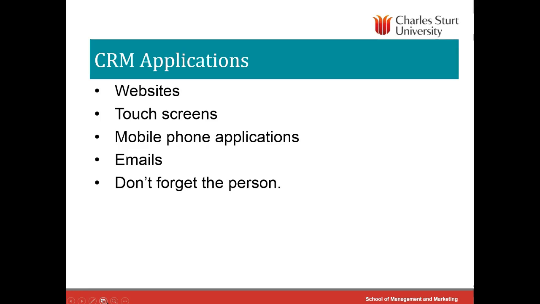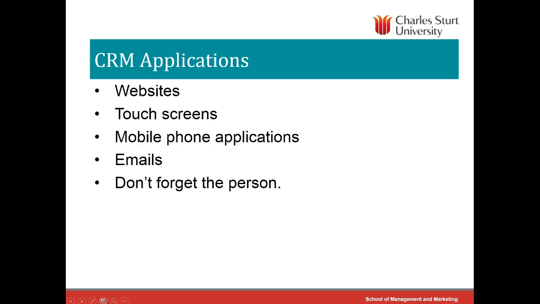I've got a whole stack of them here. ABC Radio, cinema applications, all these can be used to help build up a customer relationship database. Emails, believe it or not, if they're well targeted, are also quite useful because you can be delivering information around a particular date.